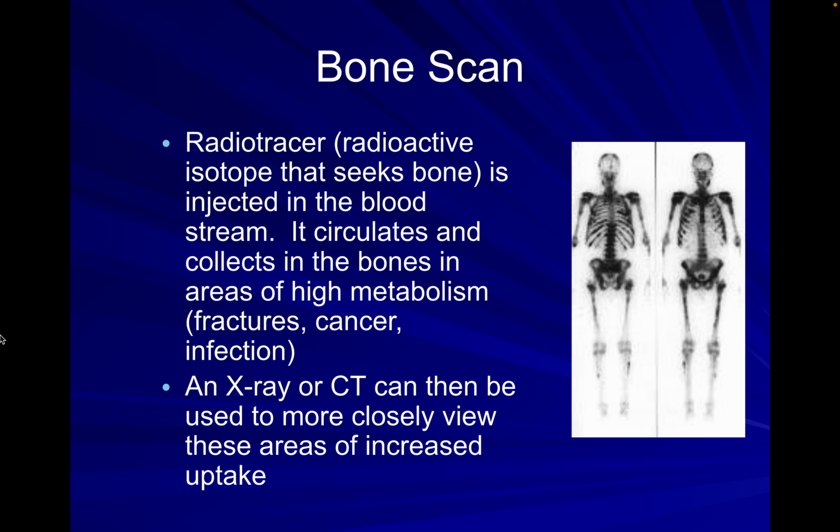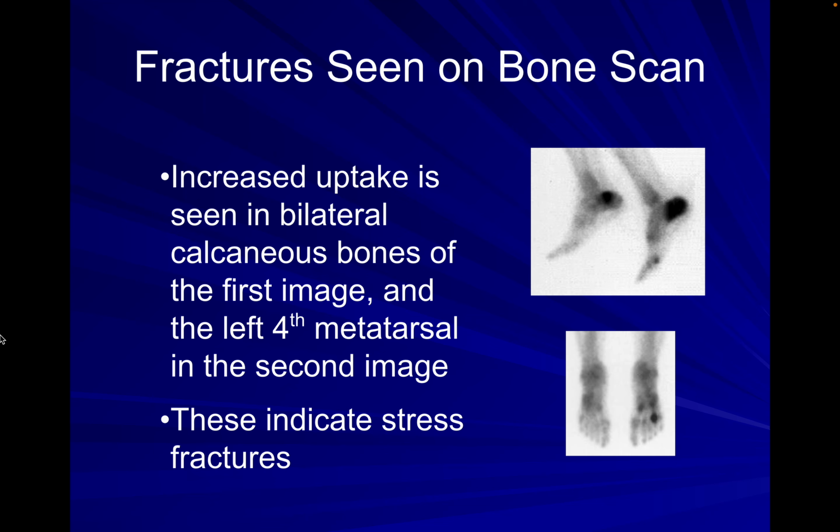And so fractures, cancer, infection, these are processes where the cells are functioning at a higher metabolic rate. And so on a bone scan, these areas will sort of light up a lot more. And then you can additionally use X-ray or CT to look at those areas in specific.